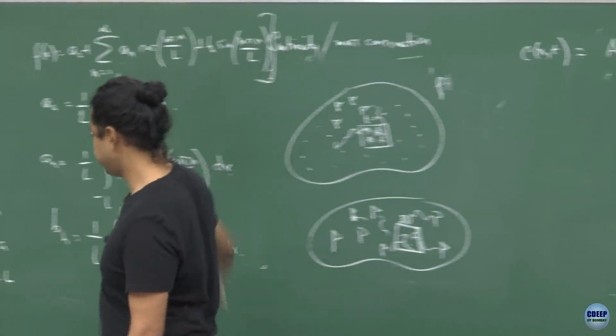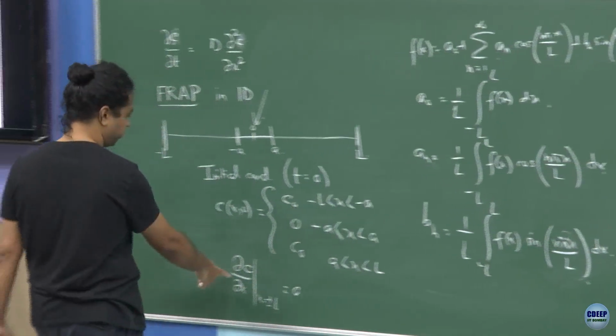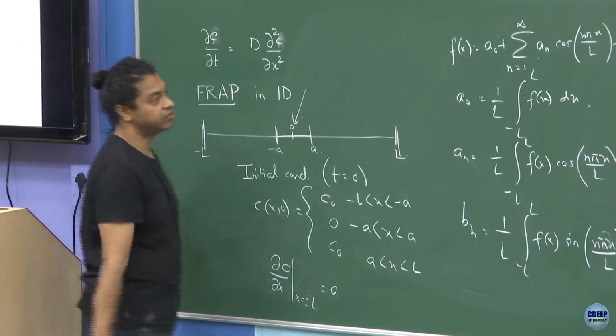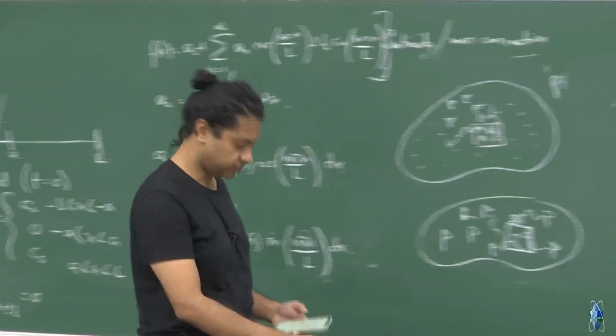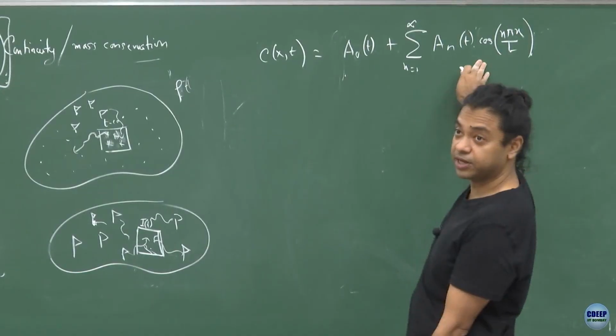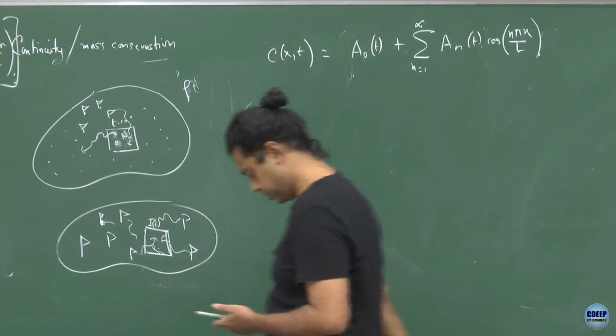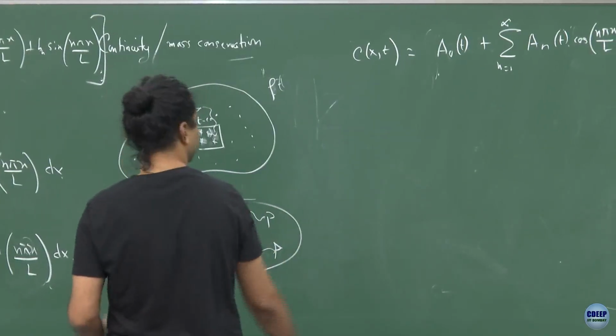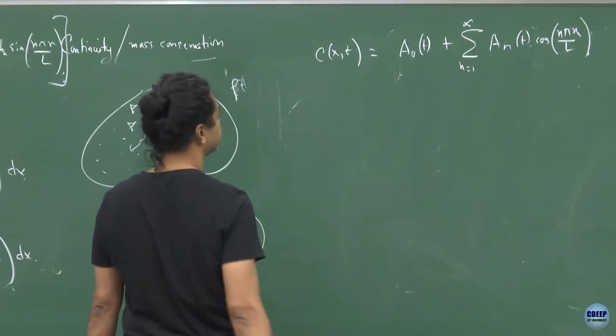The sine terms are not there because I have chosen this boundary condition. The boundary condition says that the cosine terms will be there, the sine terms won't be there. You can just do del C del x and check that this automatically satisfies the boundary condition. All right. So, I have this series expansion for the concentration profile.